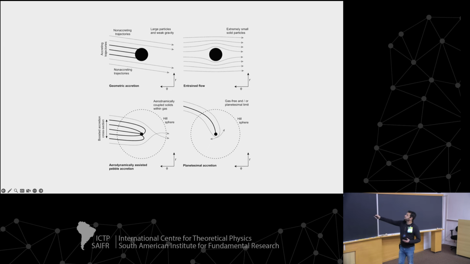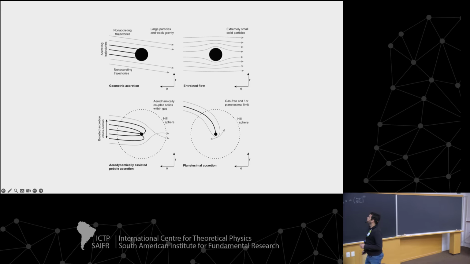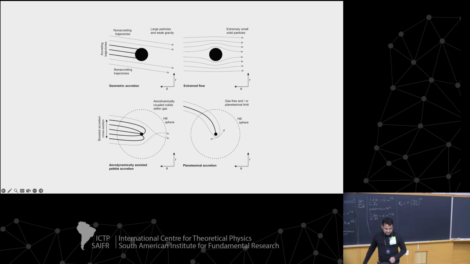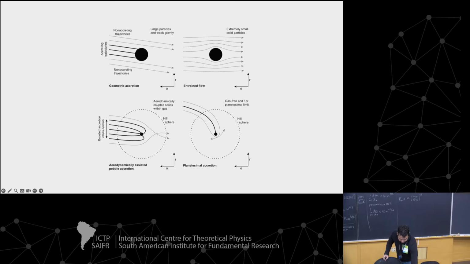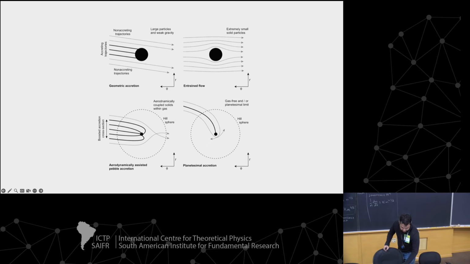And in this case here, several of the streamlines don't lead to accretion. That's the case of simple scattering by the protoplanet, and so that's the planetesimal case. The case where you accrete the best is of course this case here. So that's the case of pebble accretion.